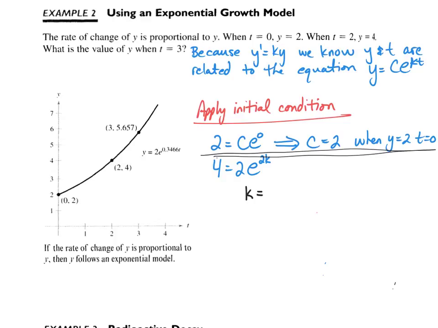Then we're able to plug in our c equals 2, our y equals 4, and our t equals 2 into the equation the second time. And that allows us to, if we divide by 2 on each side, actually I'm going to bring it the other way. I want k to be by itself. That's just going to equal 1/2 ln of 2. Good.